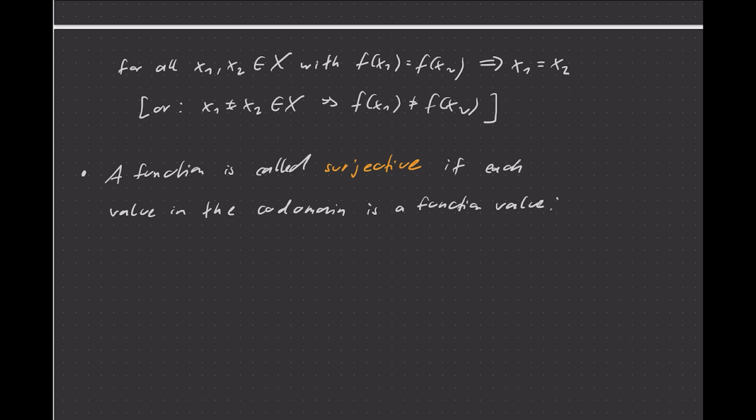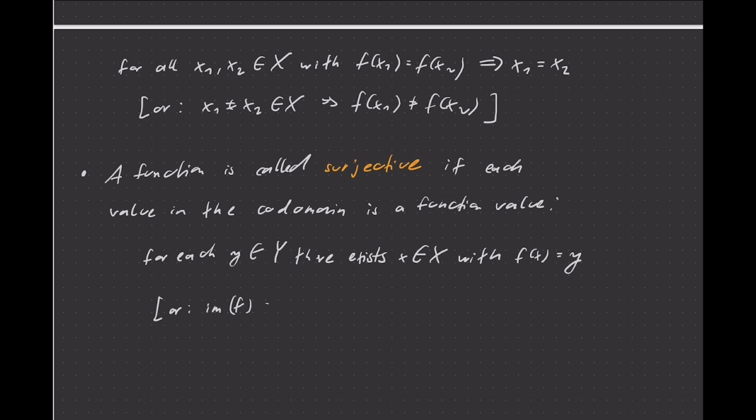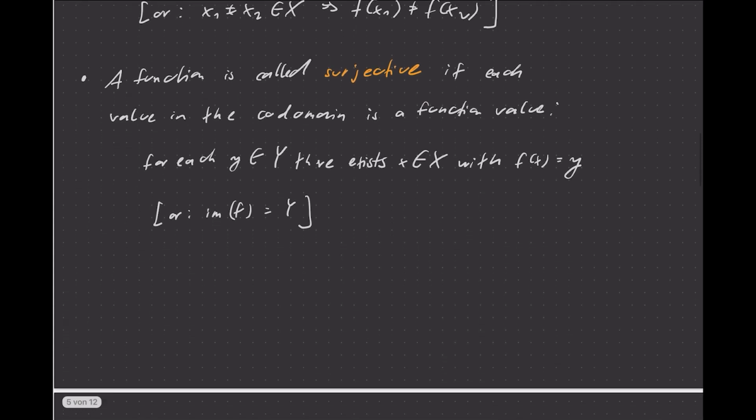Or in other words, for each y in capital Y, there exists some x in the domain with f of x equals y. Or simply, the image of f is equal to Y, the codomain. Okay, that is surjectivity.